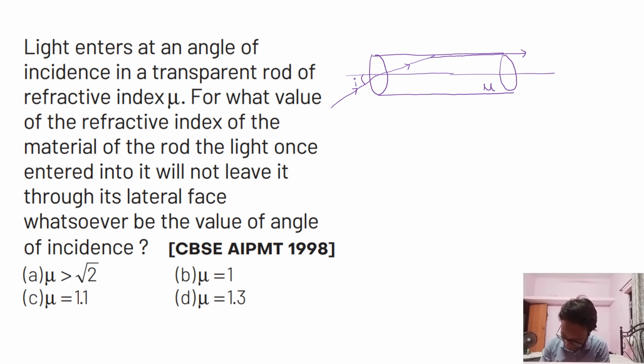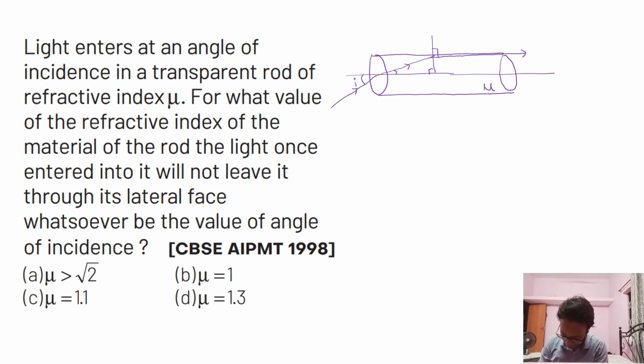The refracted ray goes through 90 degree, or forms 90 degree with the normal, because we are just at the limiting value of total internal reflection. This angle is 90 degree.